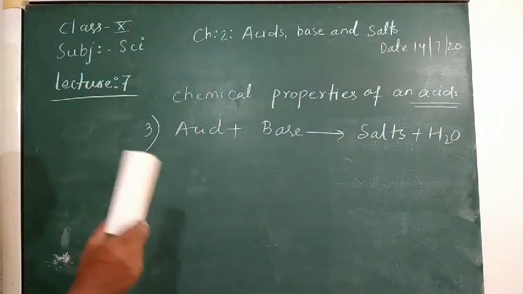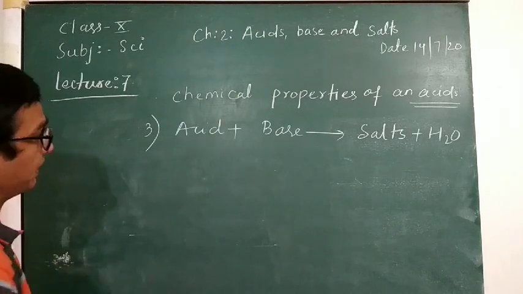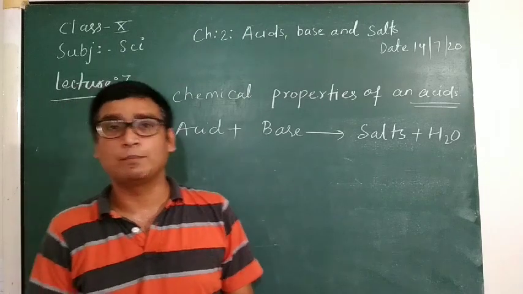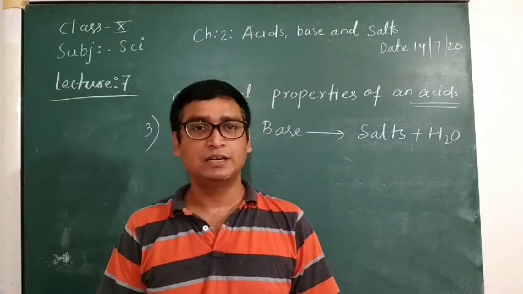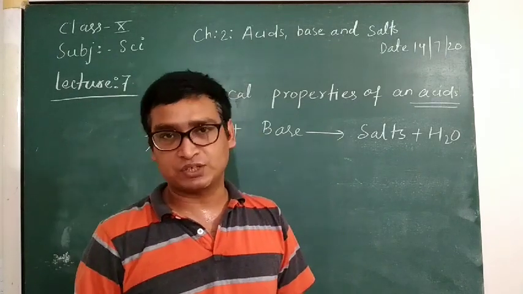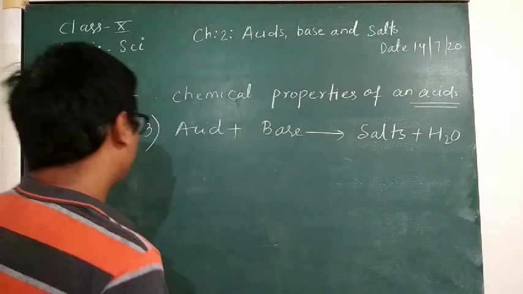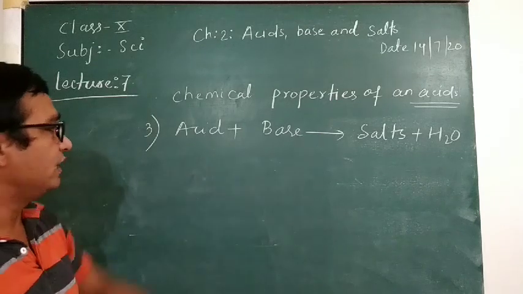So in this reaction, salt plus water is obtained. Now you know that acid and base both are opposite in nature. So both of them react together to form salt and water. So this type of reaction is also called a neutralization reaction.